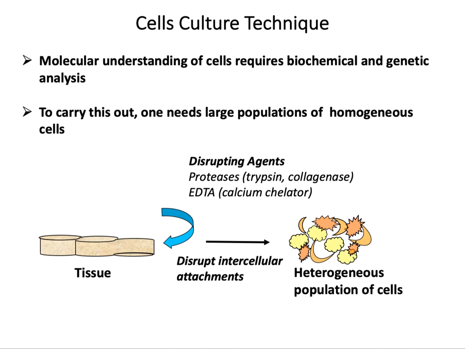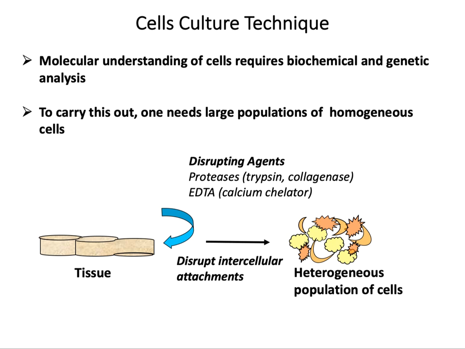The first step for isolating cells from a tissue is to disrupt the intercellular interactions that hold the cells together in the tissue. There are several commercial disruptive agents, but there are two broad classes of disruption agents, and you will probably need to use both. You usually treat the tissues with a protease such as collagenase or trypsin that will hydrolyze or cleave the protein-to-protein interactions between the cells and between the cells and the extracellular matrix.